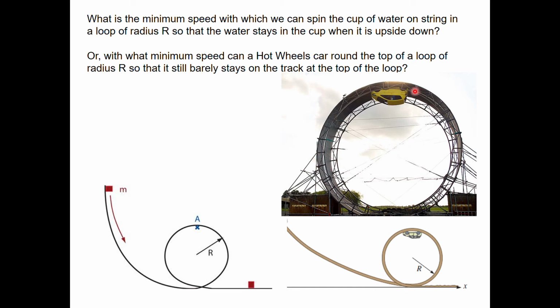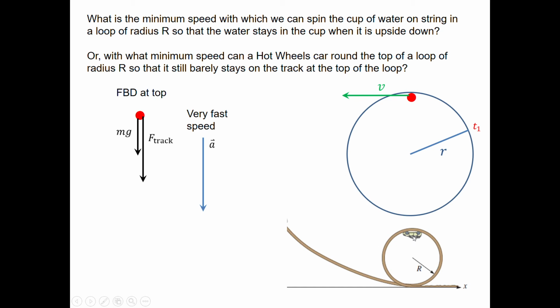You don't want to stall out at the top and fall off the track. That would be disastrous. So going fast is good, but if you go too fast, your acceleration would be really huge as you're going around in the circle, and you have a danger of actually passing out at a certain point in the circle. You don't want the driver to do that too, so they had a very narrow range of speeds that they had to approach with and round the loop with so that they didn't have problems doing this. In any case, we'll stick to the toy problem.